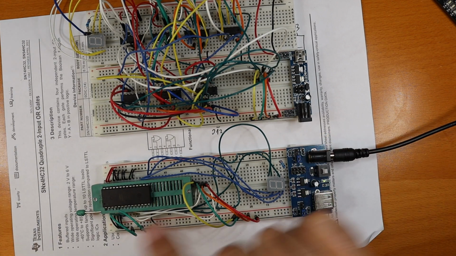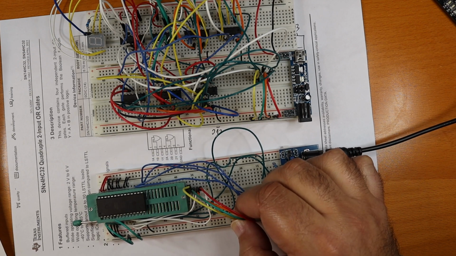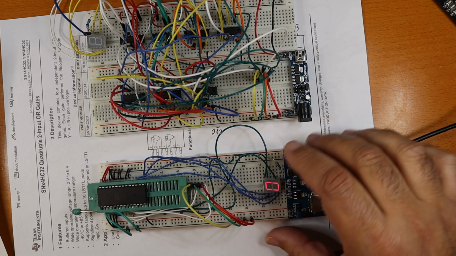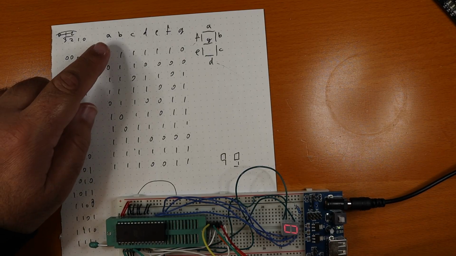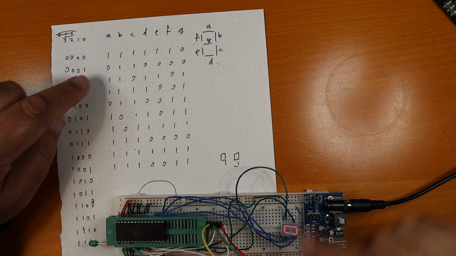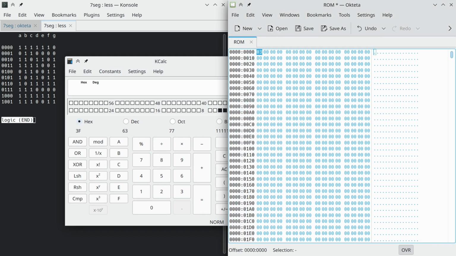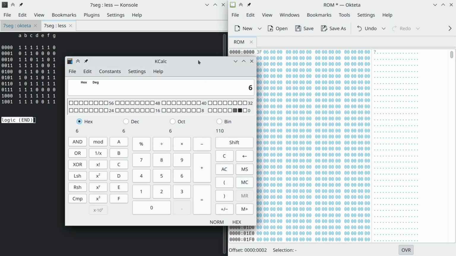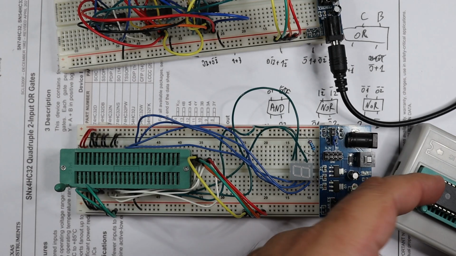Essentially, in order to create the programming for the ROM, all we need to do is take the truth table as we used it. We treat every one of those as a bit programmed in the ROM, which means all we need to do is convert this to hexadecimal, store it in a file, burn it to the ROM, and place the ROM back here.